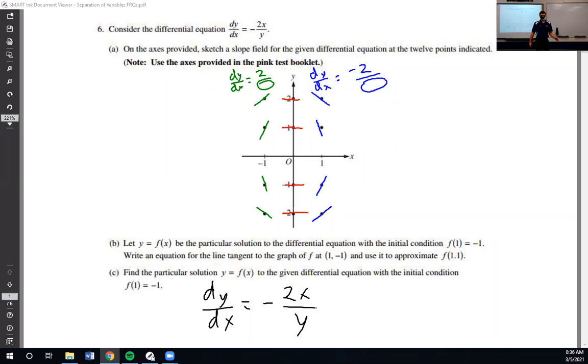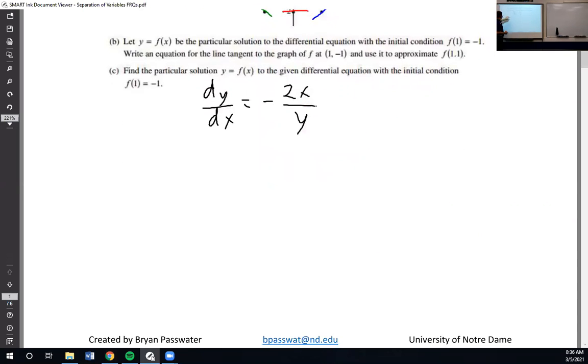So when it asks you to find a particular solution, that's the key phrase that we are looking at separation of variables. So here's dy dx. We know that f of 1 equals negative 1, so that means our point is 1, negative 1.